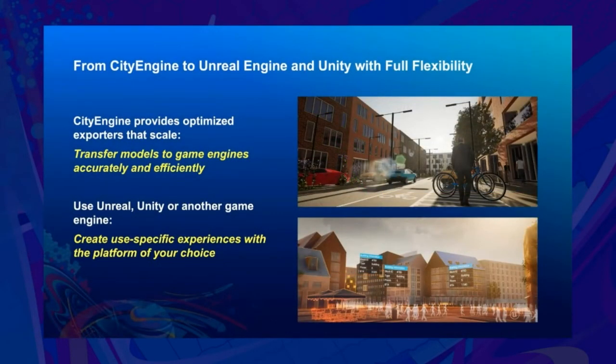So if you want to go from CityEngine to Unreal Engine or Unity or any other game engine with full flexibility, we basically provide optimized exporters that also scale to large models. So you can transfer your models to game engines accurately and efficiently. So then you can use Unreal, Unity, or another game engine to create use-specific experiences with the platform of your choice.